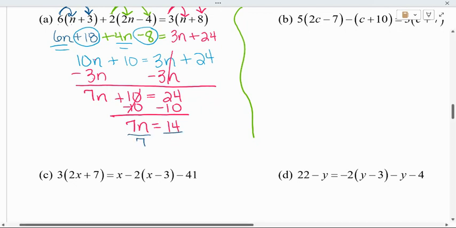Good job, divide 7. We're going to divide 7 on both sides. n equals 2. n equals 2.